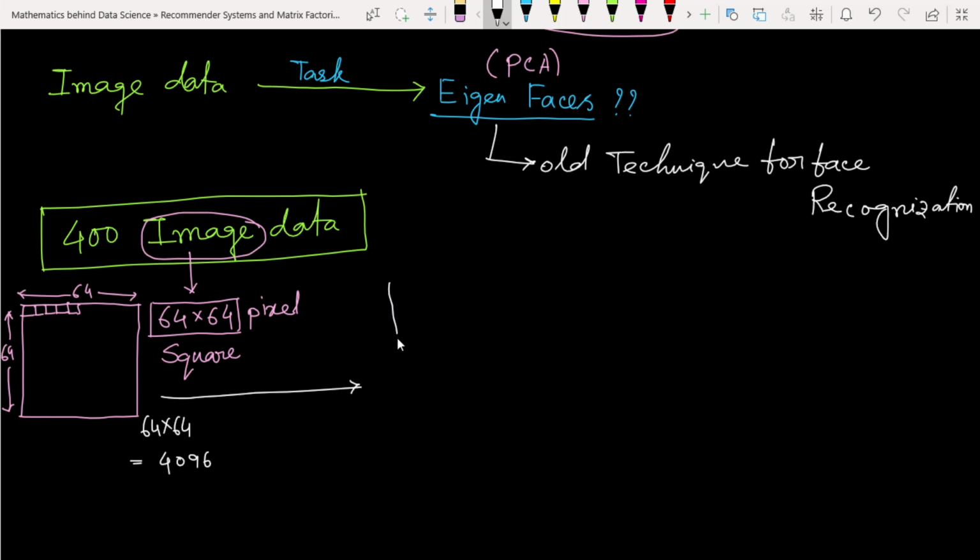The interesting thing is to convert each image into a vector.